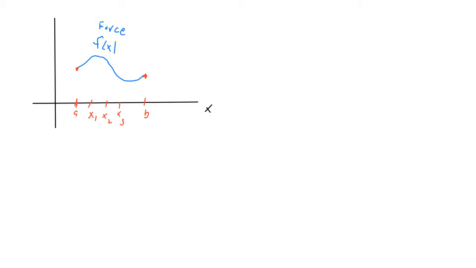In other words, I want to say this the right way. Maybe A is 2 feet. So you're pushing this object, and the object starts off 2 feet away from the origin.